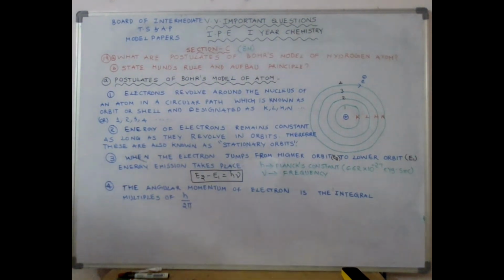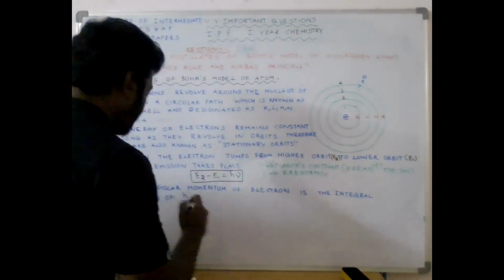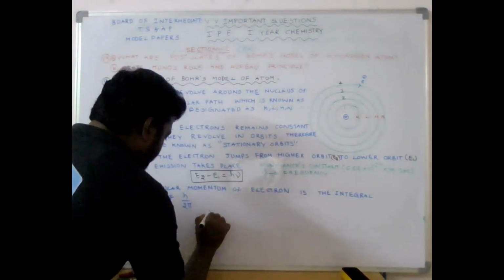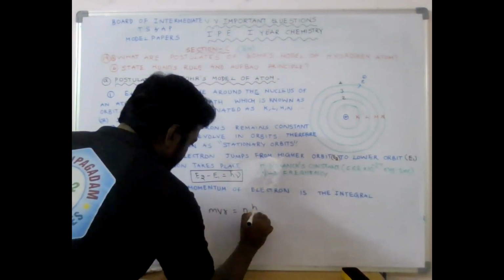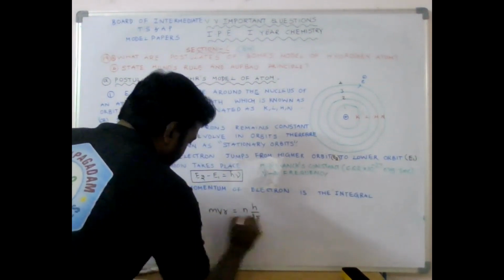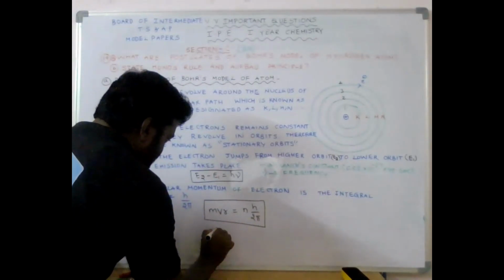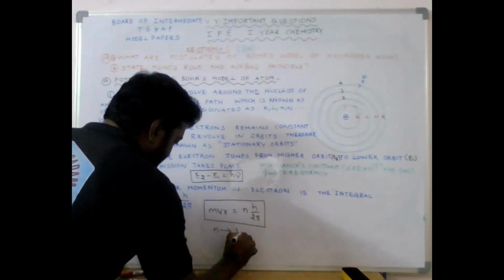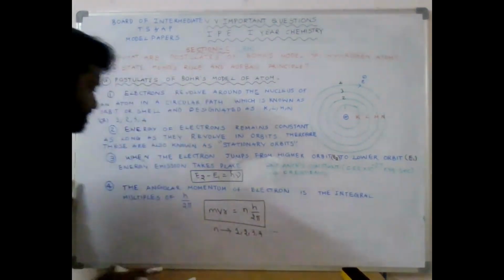That is equal to h by 2 pi. Integral multiples are what? You can take n, right? First, angular momentum mvr is equal to what? Now n h by 2 pi. mvr is equal to nh by 2 pi. What is n here? n may be any integer, 1, 2, 3, 4, and so on.